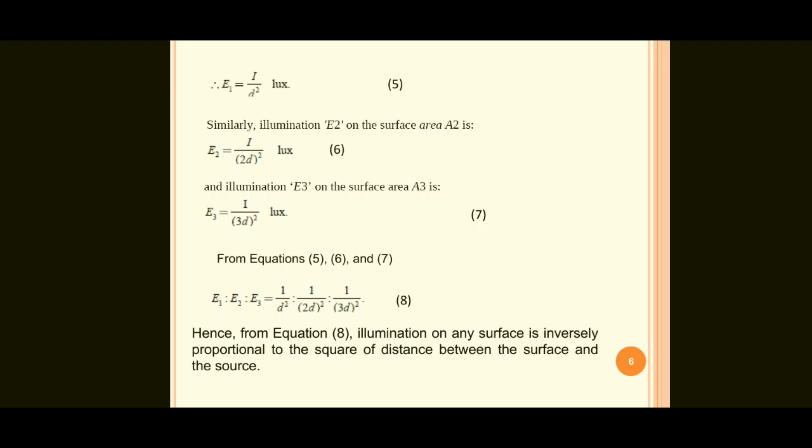Means illumination is directly proportional to I and inversely proportional to d square. So what is the law here? This is the inverse square law, meaning inversely proportional to the square of the distance d.